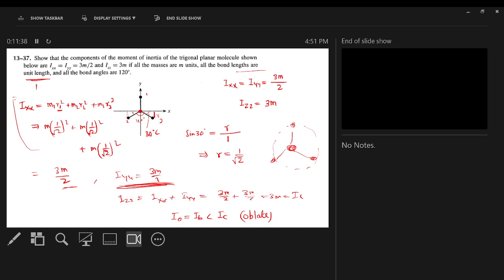We classified the molecules in three categories, but it does not mean that all those molecules will show a rotational spectrum. For a rotational spectrum, the molecule must have a permanent dipole moment. I'm not discussing the origin of the selection rule here.